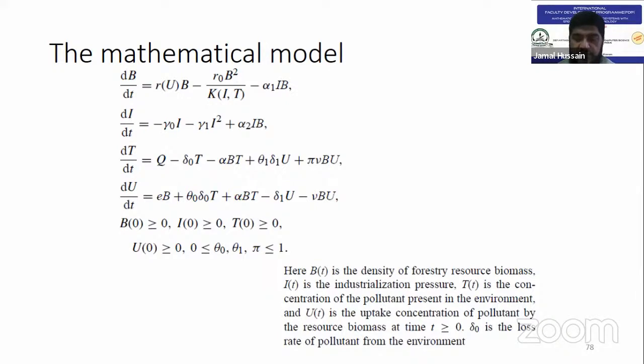U is the uptake concentration, the concentration of pollutant by the resource biomass. Delta N is the loss rate of pollutant from the environment. So you can see how the model is the logistic equation, the first one. Okay. And industrialization, you can see, is obvious if you look.